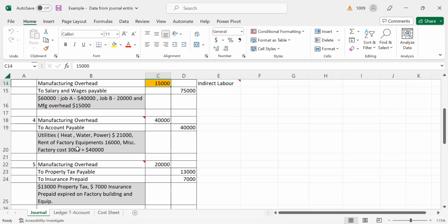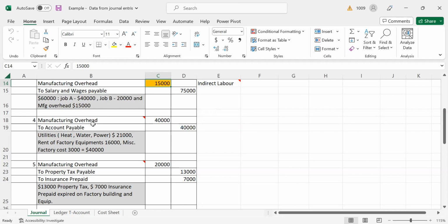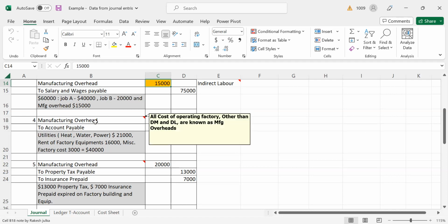The total of these three is $40,000. All costs of operating the factory other than direct material and direct labor are known as manufacturing overhead. Always remember, manufacturing overheads are always considered indirect expenditure. So we have manufacturing overhead of $40,000 here.